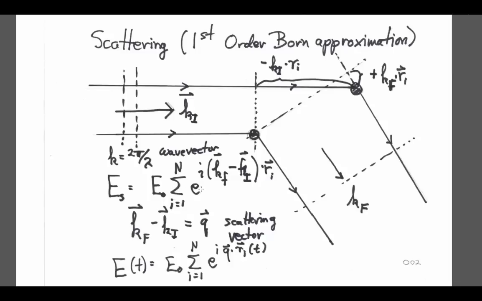And the phase, expressed as a difference relative to this first particle at the origin, is i(k_f minus k_i) dot r_i. We define k_f minus k_i, the change in the wave vector due to scattering, as q, the scattering vector. The scattering we'll be talking about is called quasi-elastic.